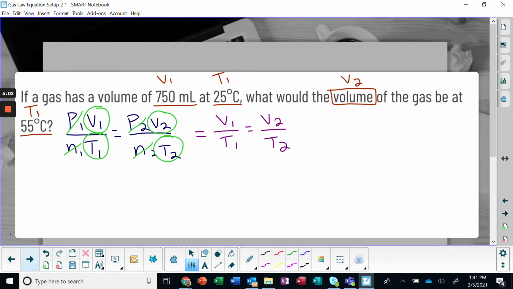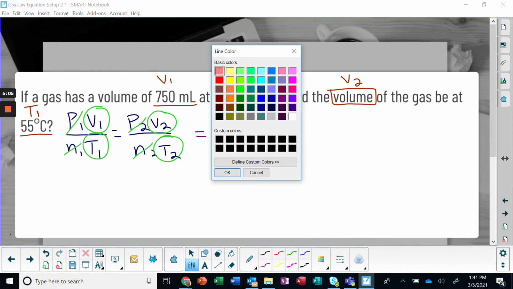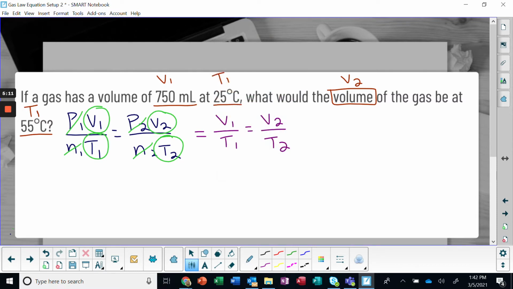Just a reminder, volume must be in liters, okay, and temperature must be in Kelvin.